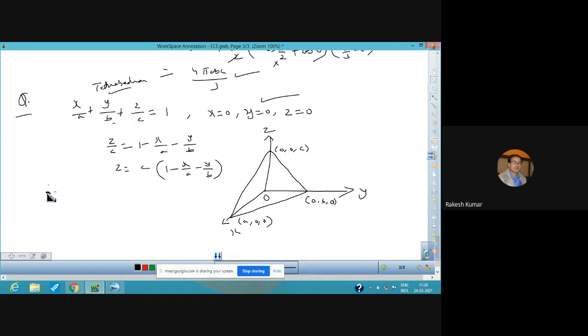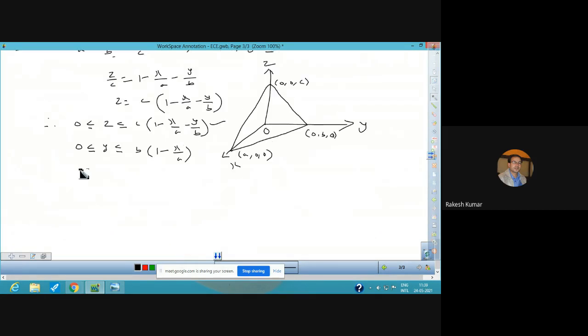So the limit for the z variable will be 0 to c into 1 minus x over a minus y over b. Now the limit of z is in terms of x and y, so here you can find out the limit of y. Lower limit is 0 and upper limit is b times 1 minus x over a. And for the limit of x, that is 0 to a.